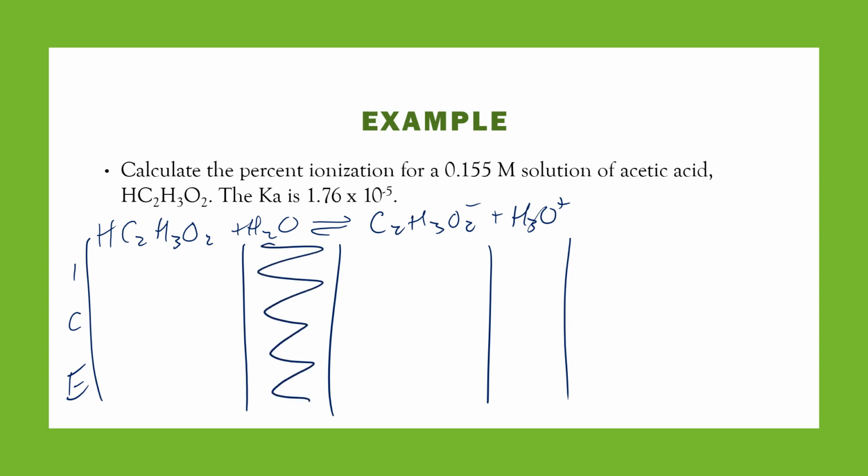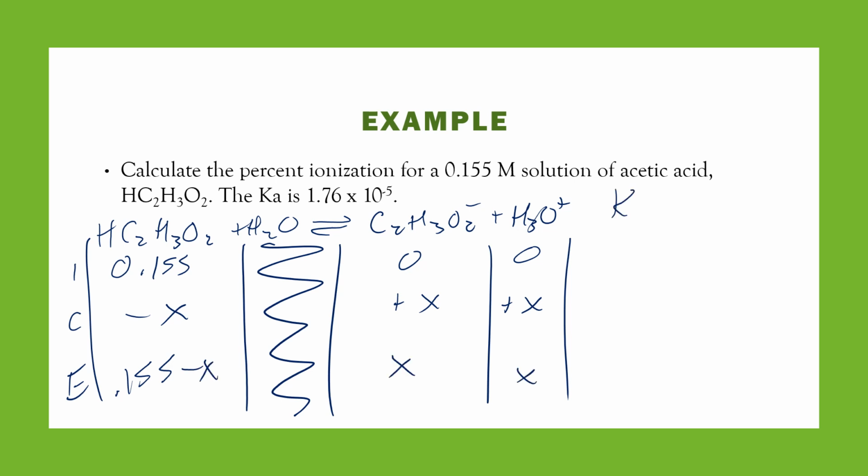Water doesn't count because it's a liquid. And our original concentration is 0.155, and we don't have any of our ions. The acetic acid will decrease by X, the acetate will increase by X, and the hydronium will increase by X. So 0.155 minus X, X, X.